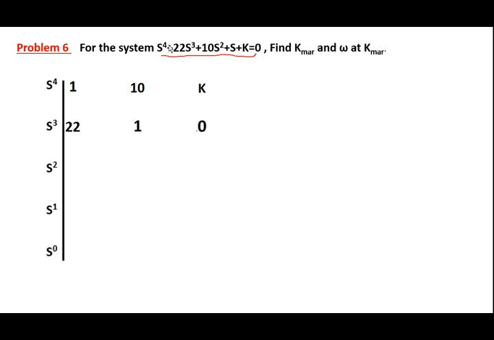Next you need to find out the elements of the next row, that is the s square row. So 22 into 10, 220 minus 1 into 1, divided by 22. So 220 minus 1 divided by 22 gives 9.95. So around 9.95 you will be getting. I'll write that 9.95 in the next row, first element.